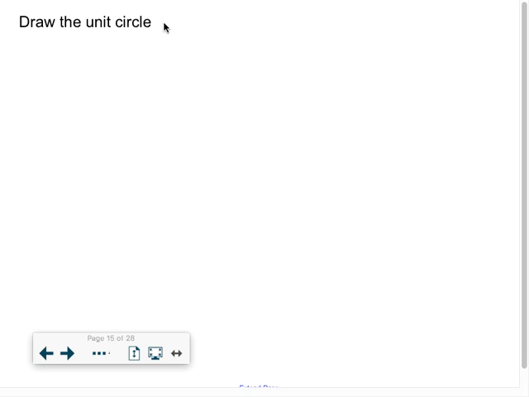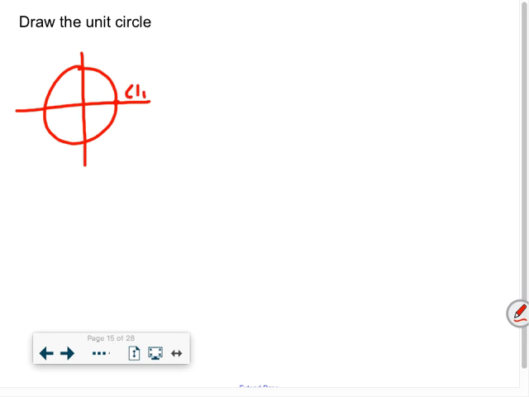All right, so let's start with the unit circle. We're going to start with what we know. So the unit circle is (1, 0), (0, 1), (-1, 0), (0, -1).